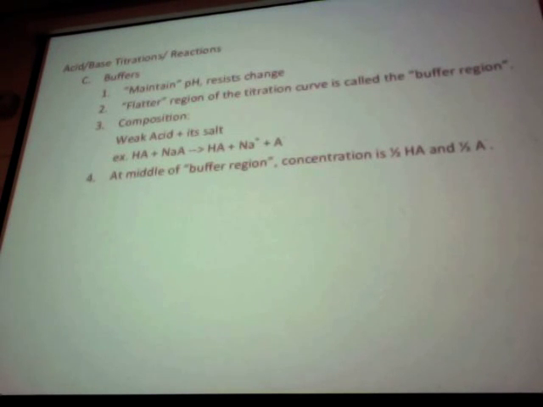Progressively, the HA reacts with OH minus to form that. So this is the starting material, and its concentration during titration is decreasing.